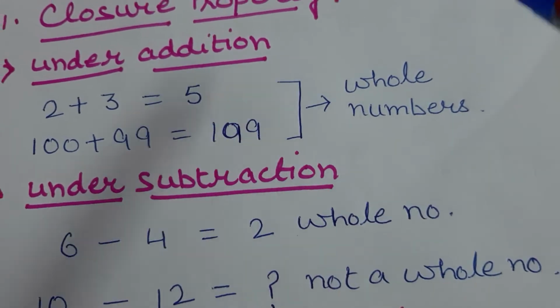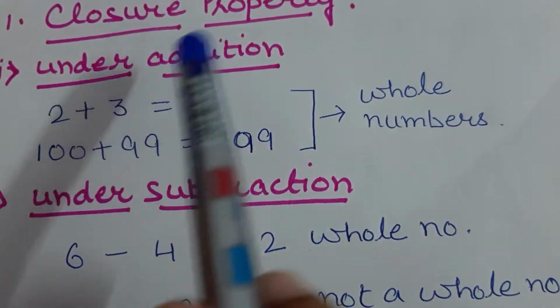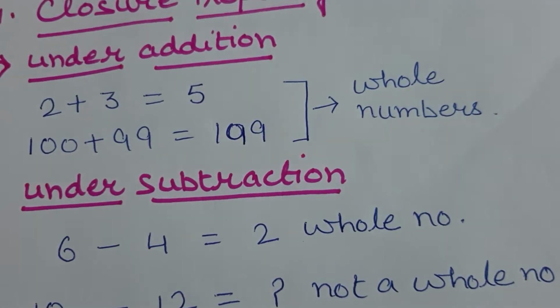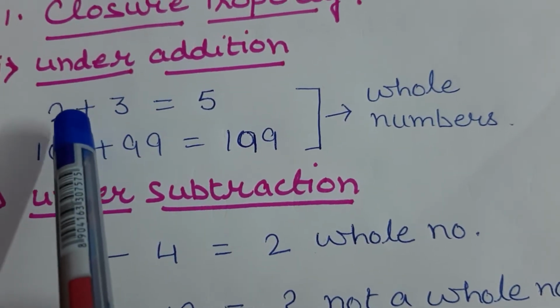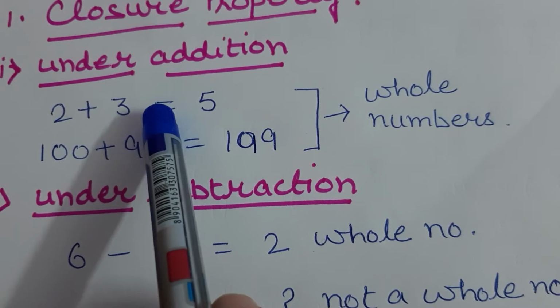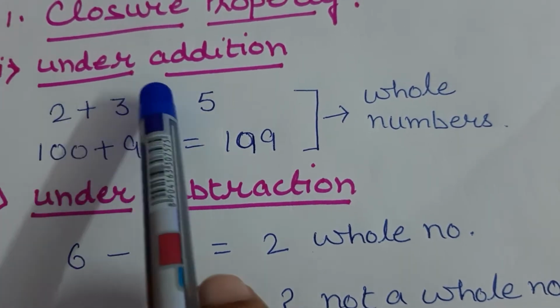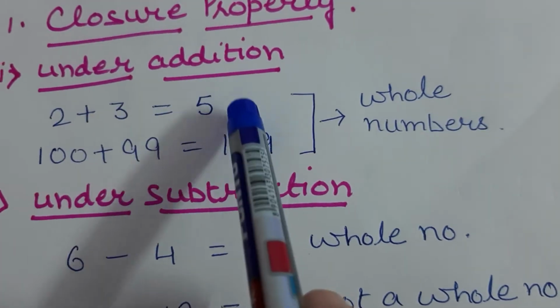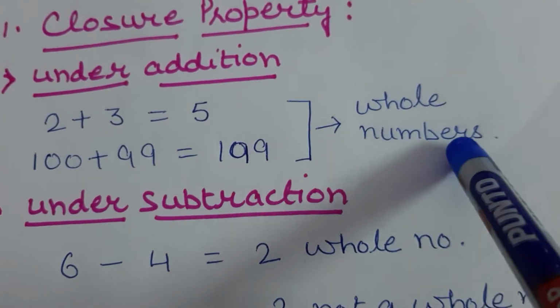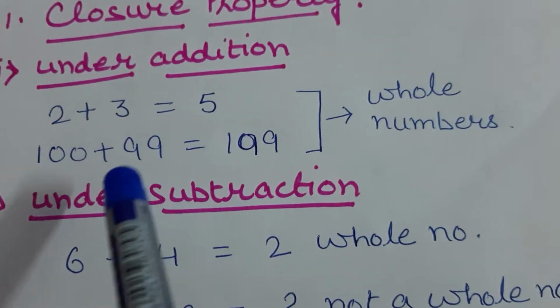Okay, so let's prove it. First I am taking addition, with two examples. If we add any two whole numbers, 2 and 3 are whole numbers. When we add 2 plus 3, what do we get? 5. 5 is also a whole number.